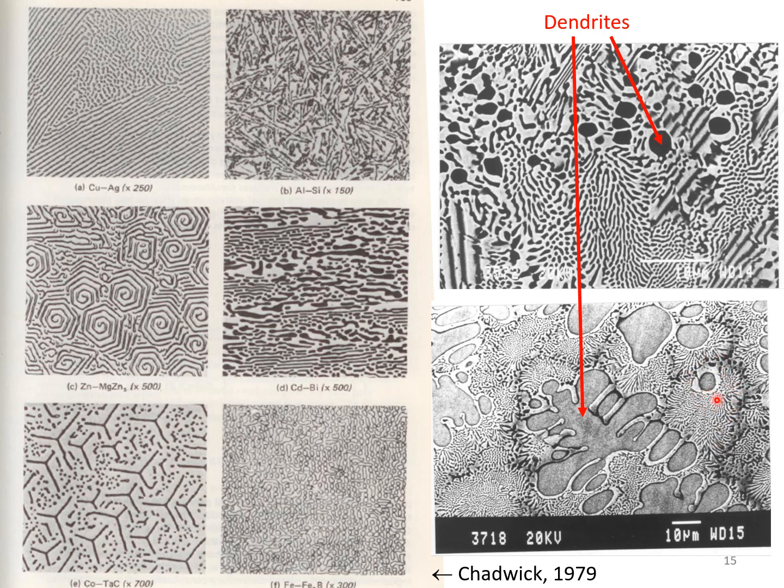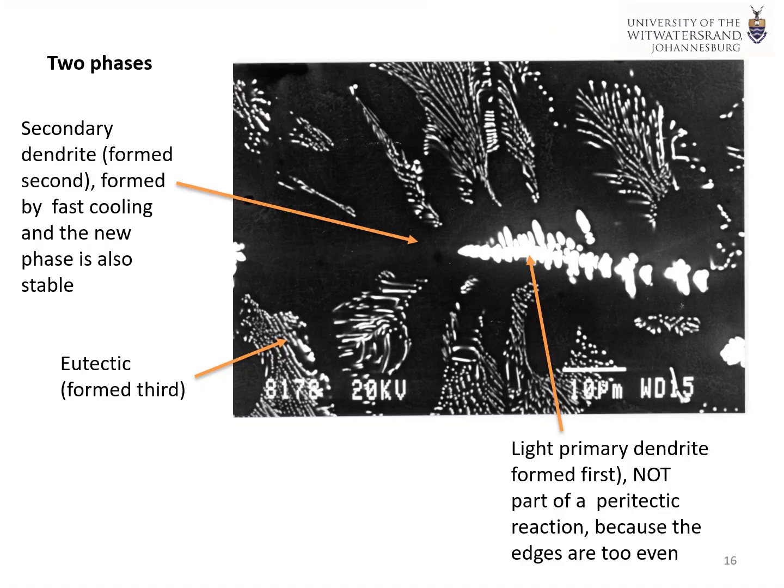That little patch there of lighter, that's because it cooled fast and it had to get rid of the other phase before it could form the dendrite properly. It's not a peritectic, because these interfaces are too smooth. More about that later.